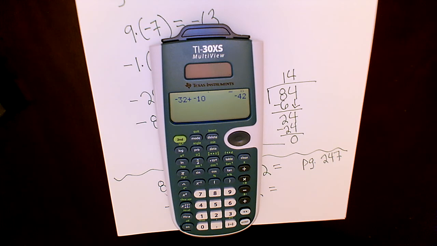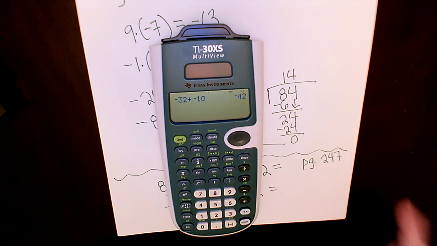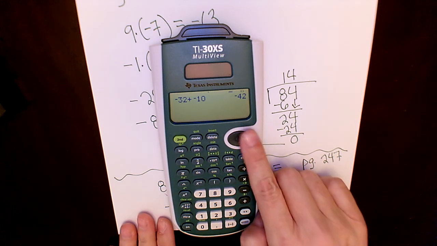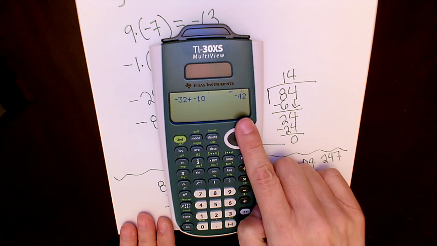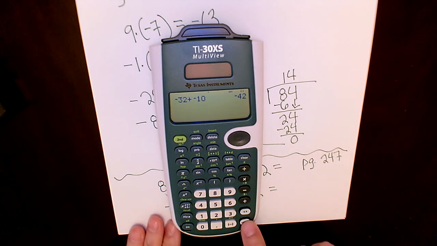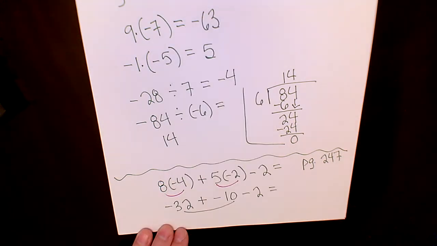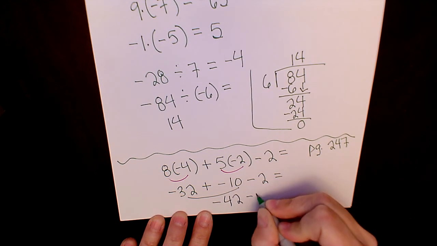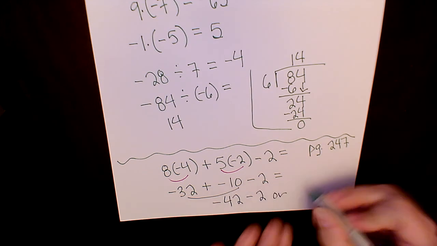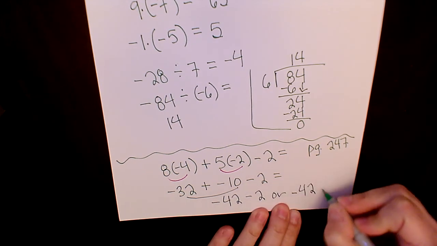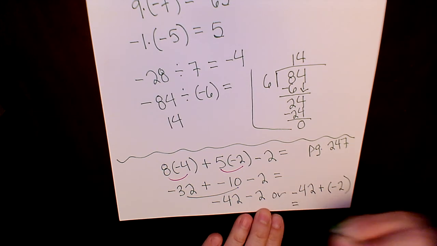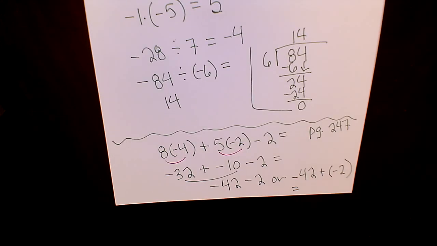So it's kind of a lot. So I'm just adding these two negatives together, and I get a negative 42. Okay. So right now I've got a negative 42 minus a 2, or a negative 42 plus a negative 2.